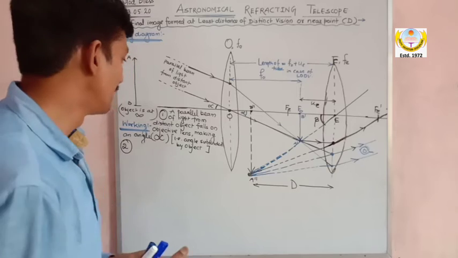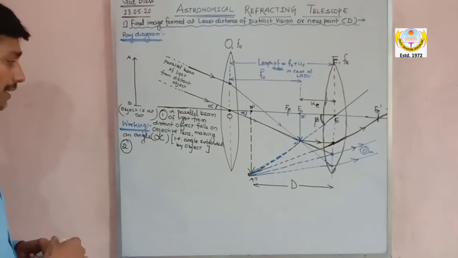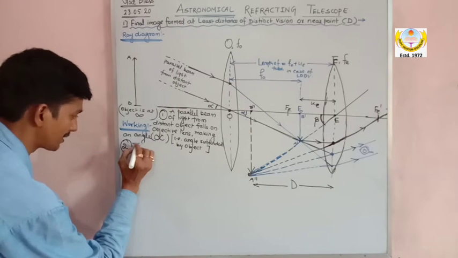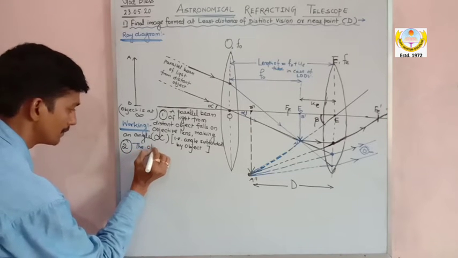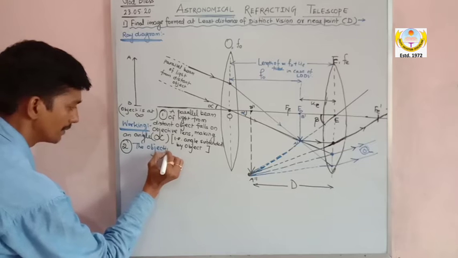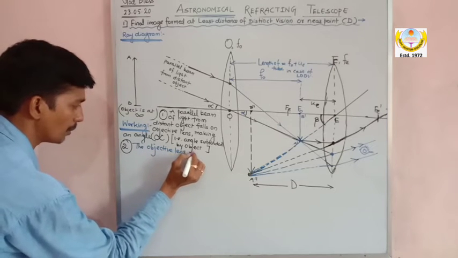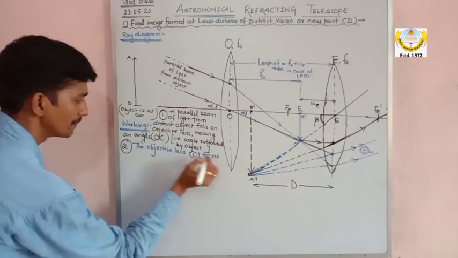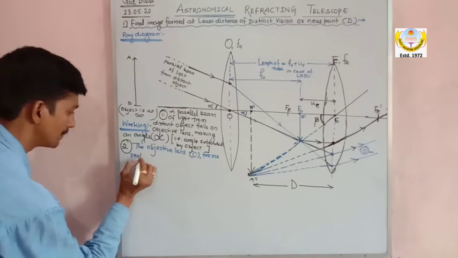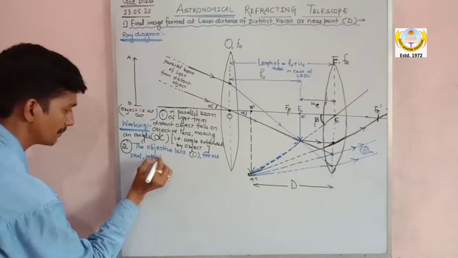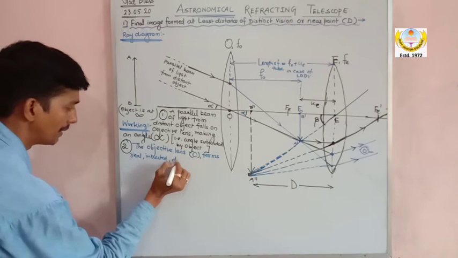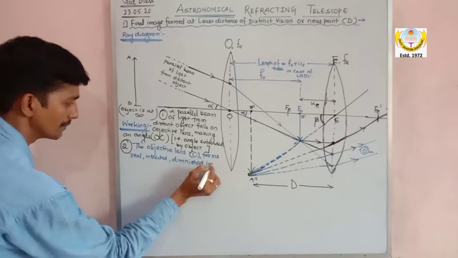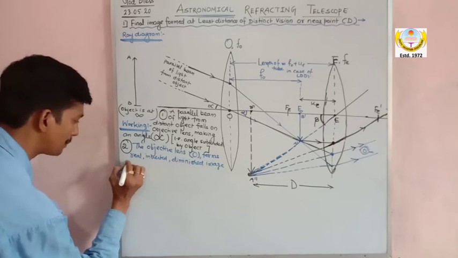So my dear, here try to understand what I am drawing. You can say here the objective lens. The objective lens O forms a real, inverted, diminished image A dash B dash.